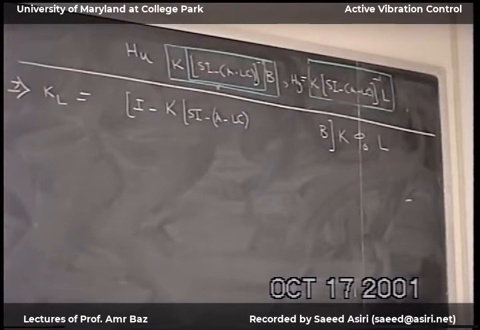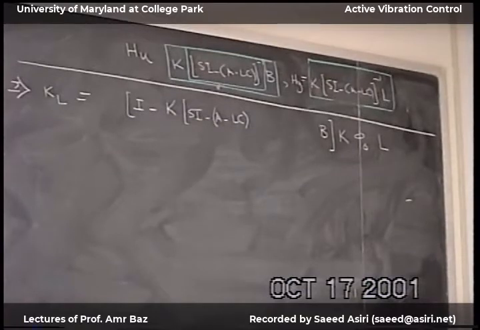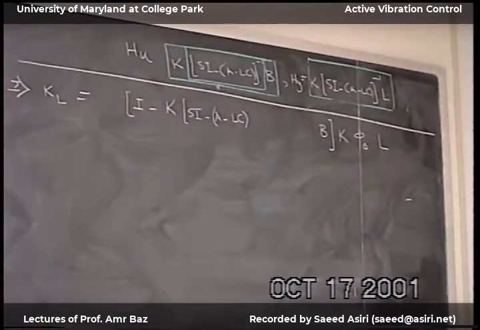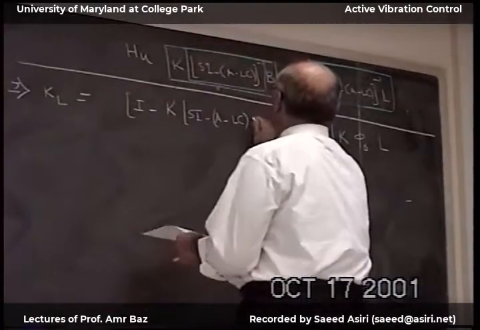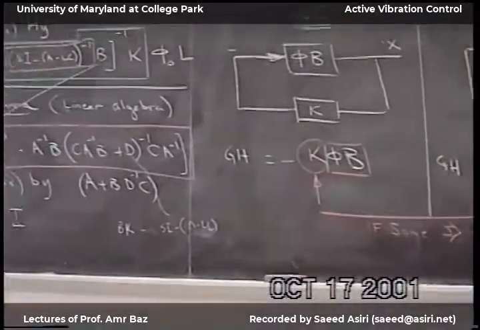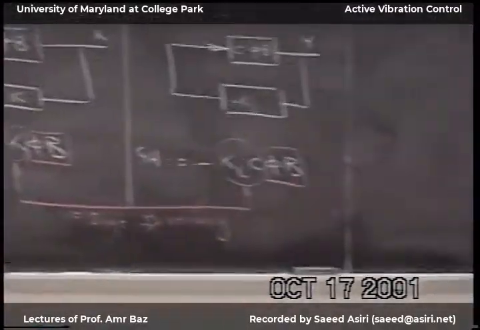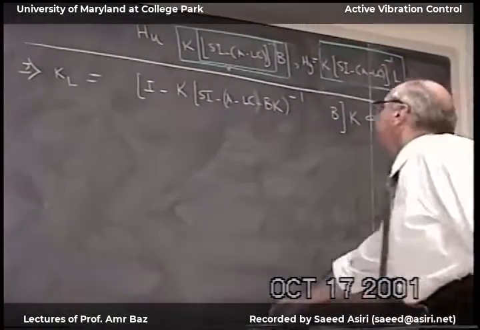And then I have to add here the C is B and the B is K. So this is B and K. And we have minus here and minus, so it becomes a plus. So I'm going to make this minus times minus. So this will reduce to SI minus BK, and then the whole thing will be inverse.